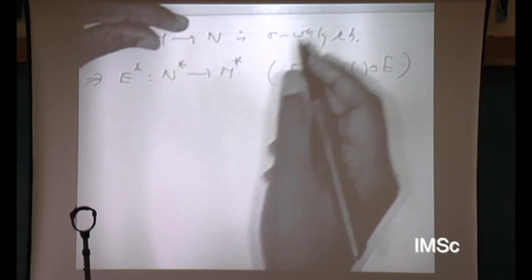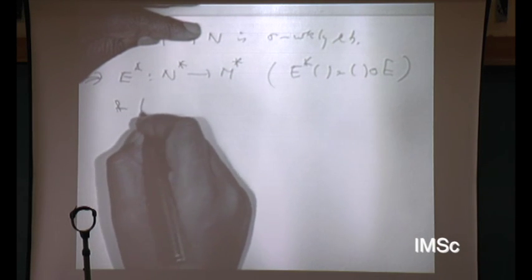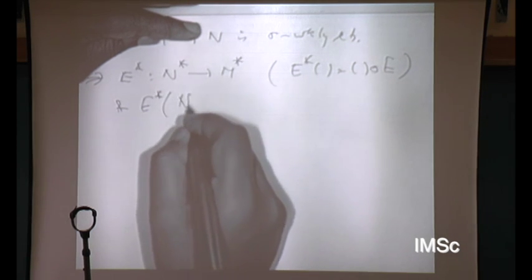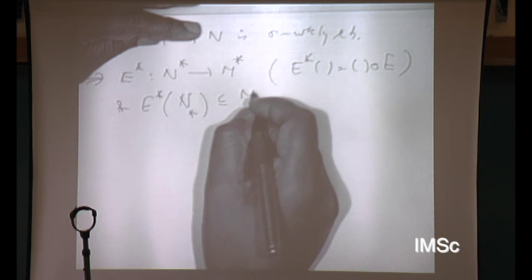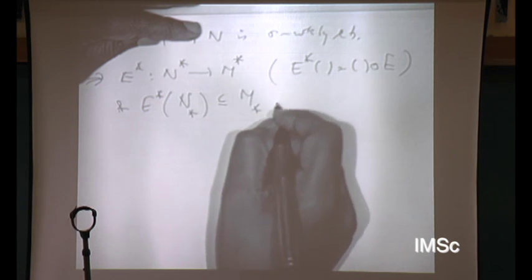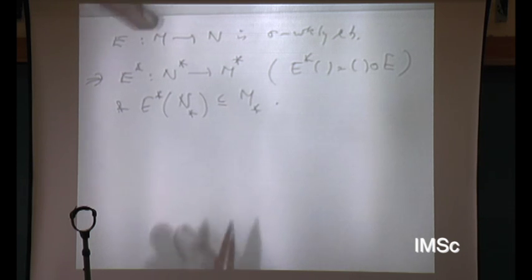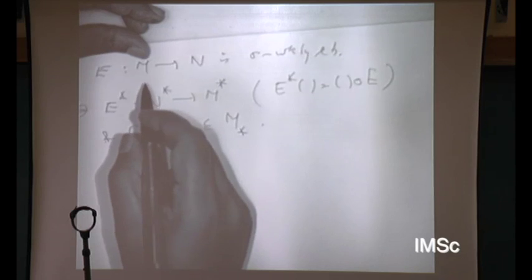So to say E is sigma weakly continuous means the following, because what does sigma weak continuity mean?